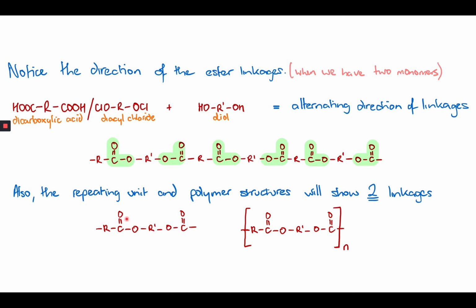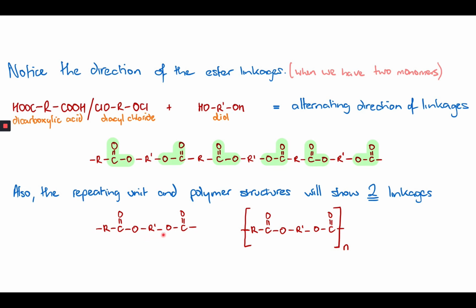What this would tell me, if I was having to break this apart and think about the monomers, is, don't forget that when you made an ester, it was the carbonyl group of the carboxylic acid and the oxygen of the alcohol. If you're breaking a polyester apart, or breaking an ester apart, you're breaking the bond between the carbonyl group and the single bonded oxygen.